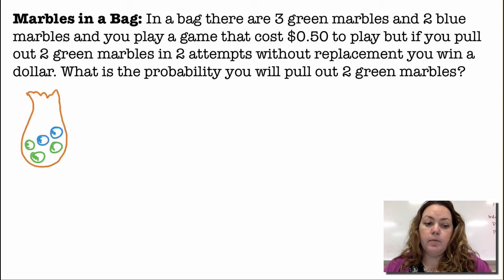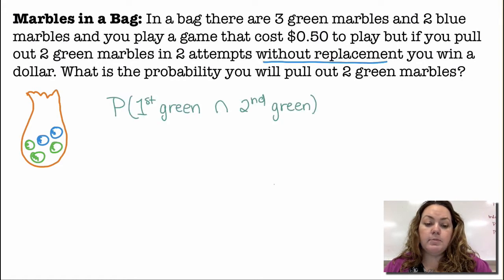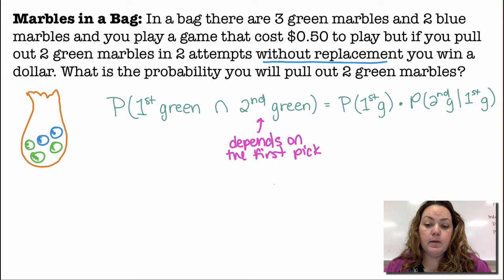Here's your bag with your 3 green marbles and your 2 blue marbles. The probability without replacement that you'll pull out first a green and then second a green. Well, the probability of getting a green first is 3 out of 5 because you have 3 greens out of 5 in your bag. The second one depends on the first one.